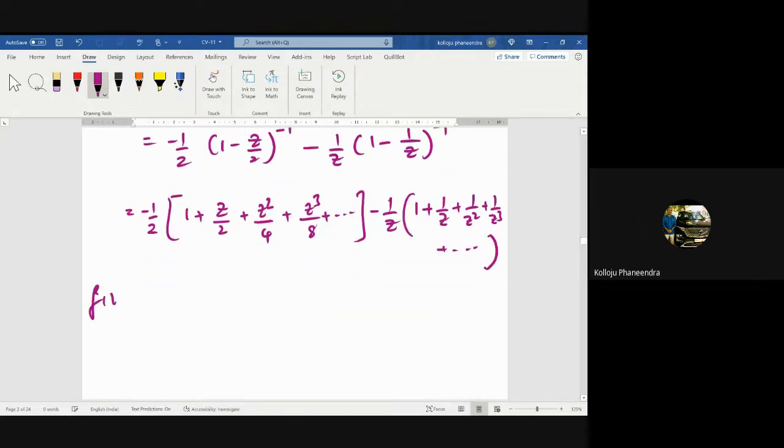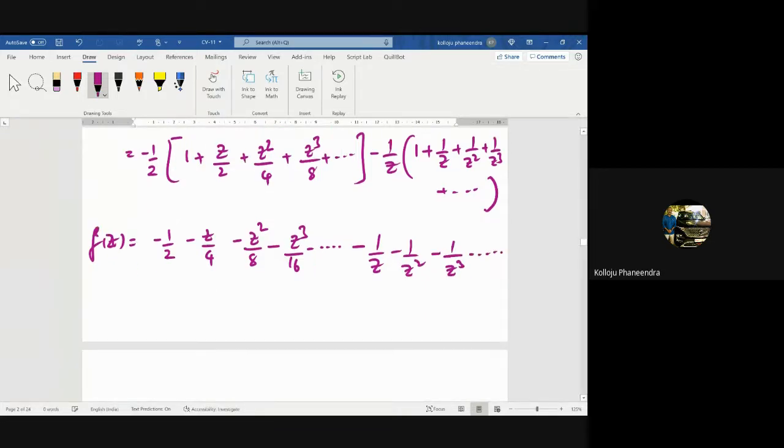This f of z is equal to minus 1 by 2 minus z by 4 minus z square by 8 minus z cube by 16 and so on. Coming to this part, minus 1 by z minus 1 by z square minus 1 by z cube and so on. So what are these?